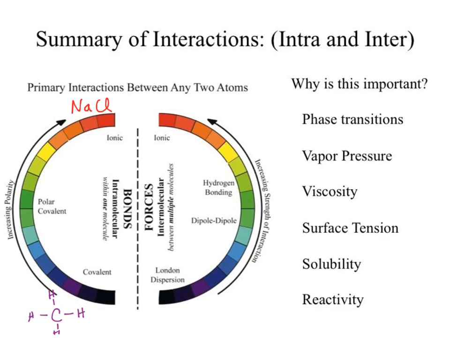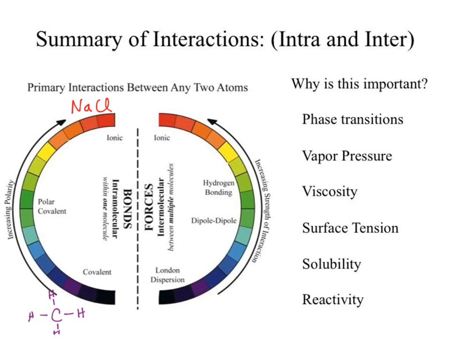What are you comparing when you make that comparison? You're not comparing the bond strength. You're comparing substance strength, the force strength. When you melt sodium chloride, you are breaking the bond between sodium and chloride. When you melt solid methane, you are breaking the force between a methane molecule and another methane molecule.